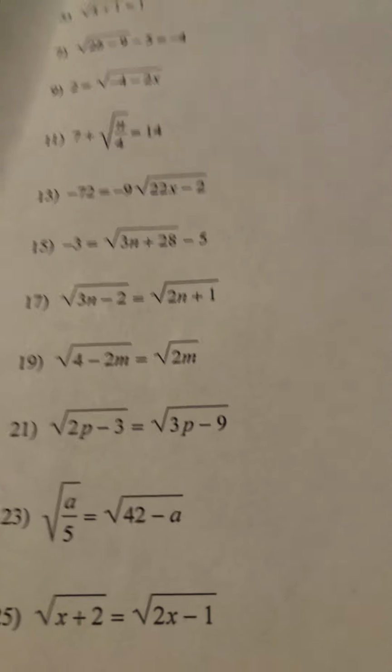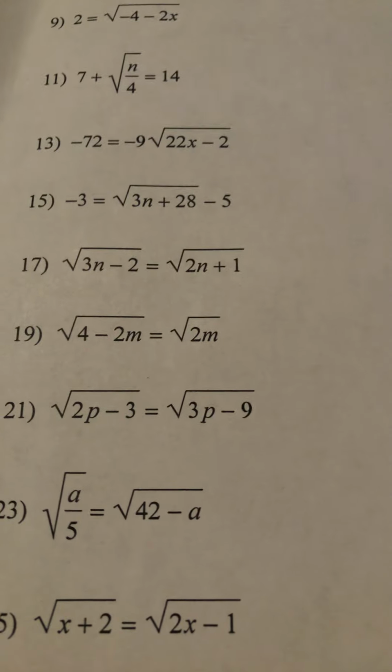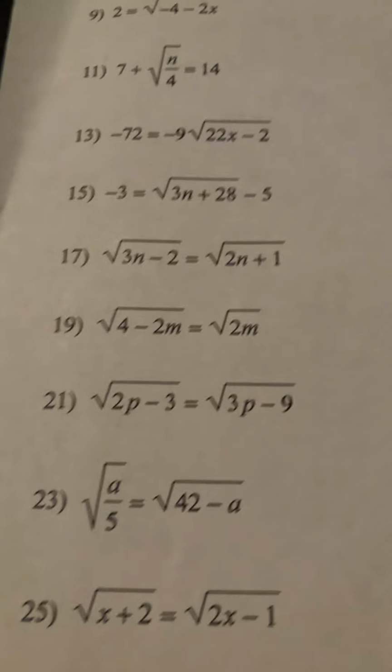Now, I'm going to show you how to do it when we have radicals on both sides, which looks really complicated, but it's not. Let's go ahead and take a look at number 17. So number 17, we have the square root of 3n minus 2 equals the square root of 2n plus 1. Okay, so I'm going to square both sides now.